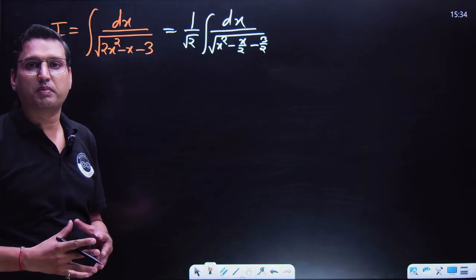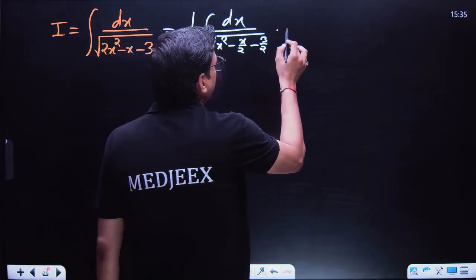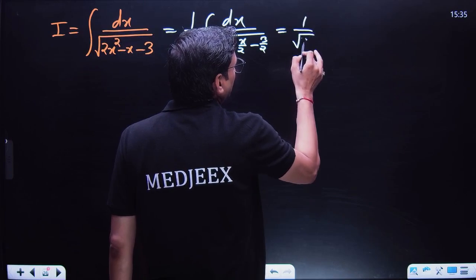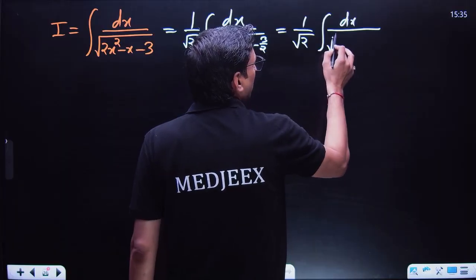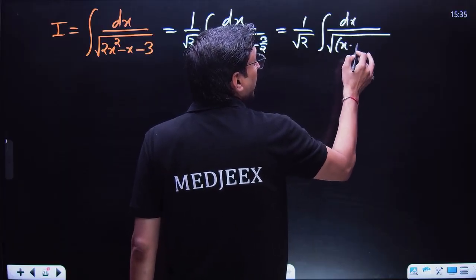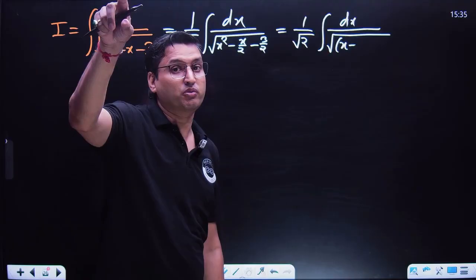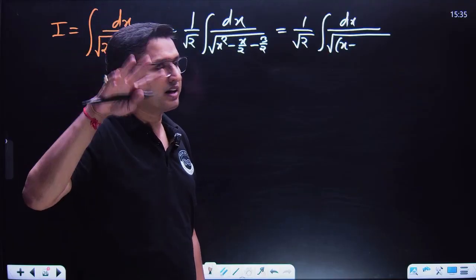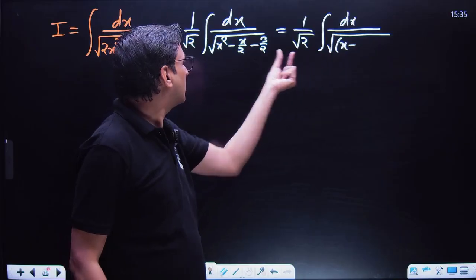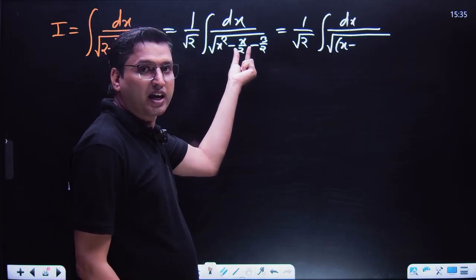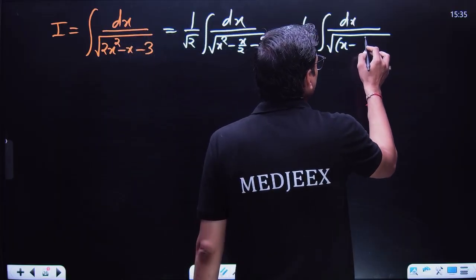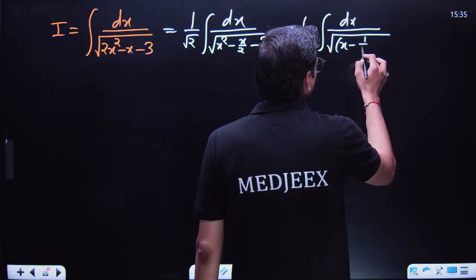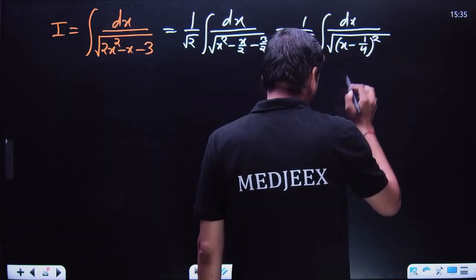I am going to make it a perfect square, by the trick I taught you in the quadratic equation chapter in 11th class. What was that? Take x square as x, take half of the coefficient of x, that is minus 1 by 2, half of it will be 1 by 4, whole square.